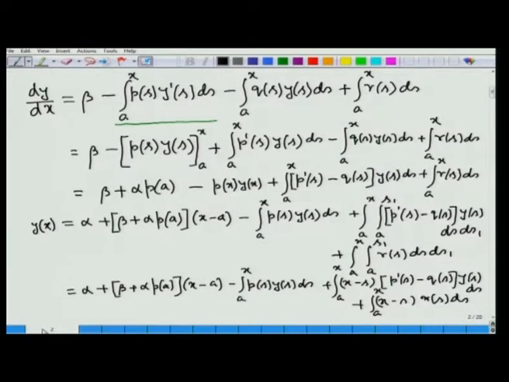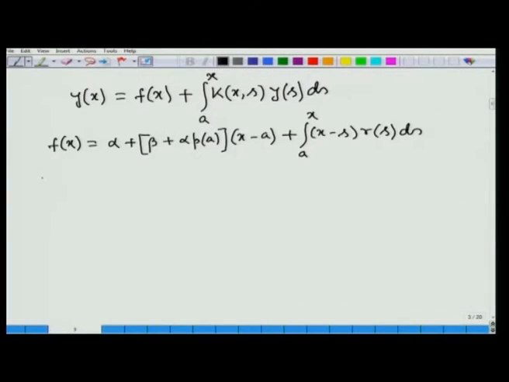And from the previous slide you can see that this entire expression, p dash s minus q s multiplied by x minus s, and minus p s, gives you the targeted kernel of the integral equation, that is k of x comma s.